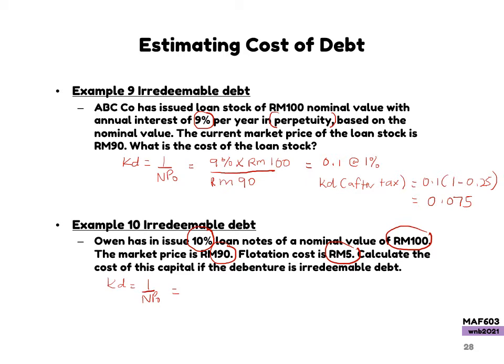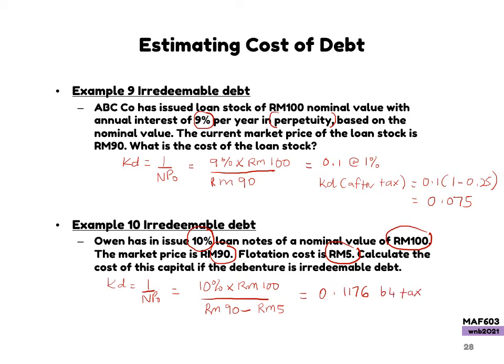So interest here I have 10% from nominal value 100 ringgit over the market price of 90 ringgit minus flotation cost 5 ringgit. Therefore, we will get KD of 0.1176, and this one is before tax.